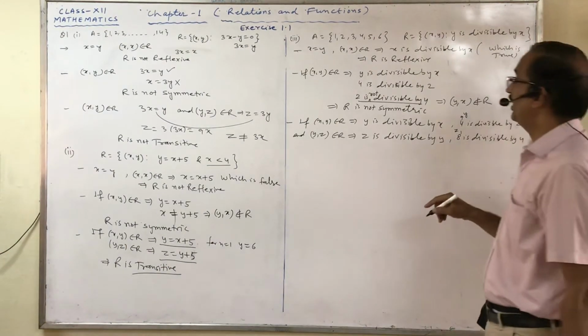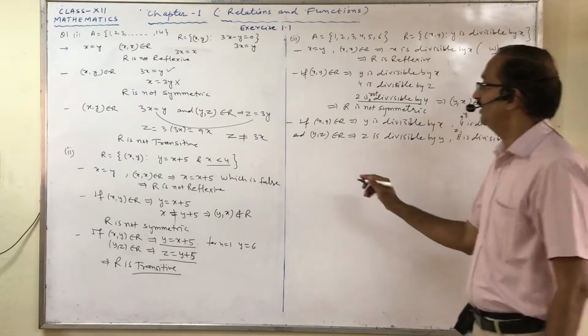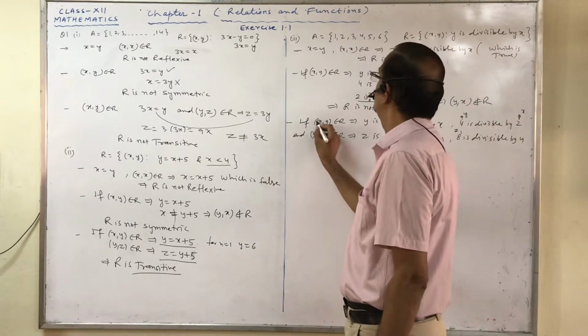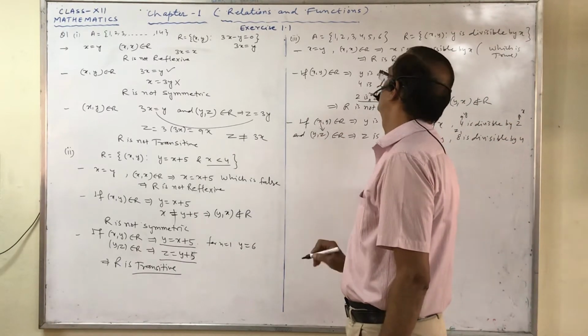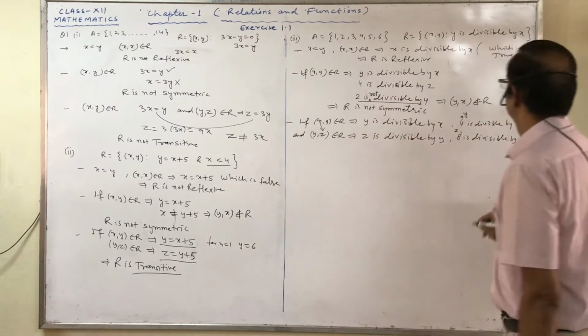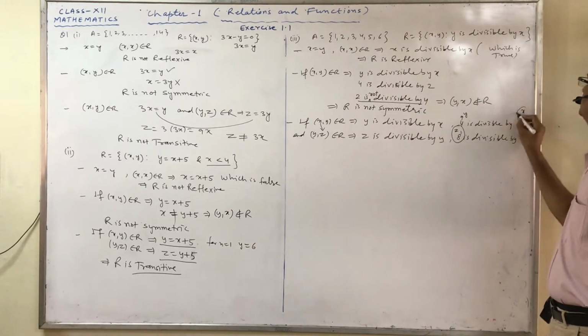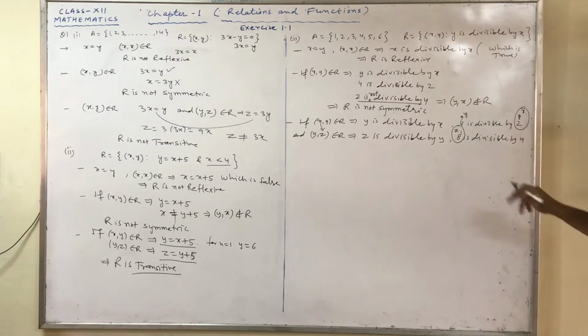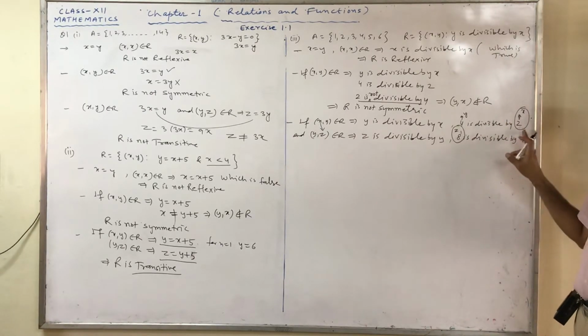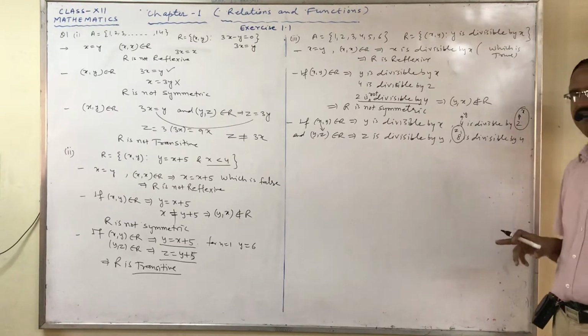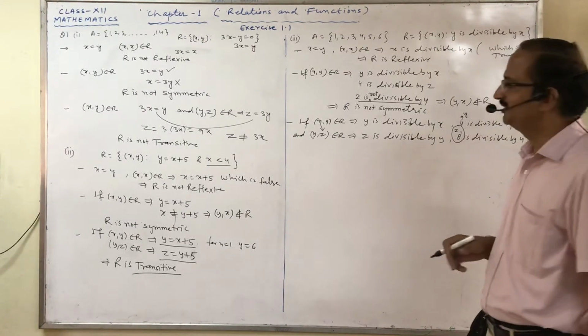So now check whether this x is related to z or not. Then look at this z and this x. 8 is clearly divisible by 2. It means we can say that x is related to z.